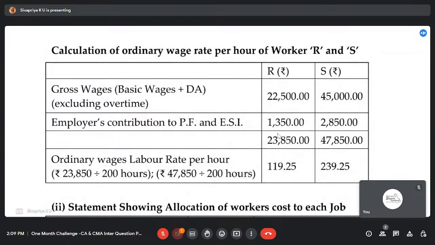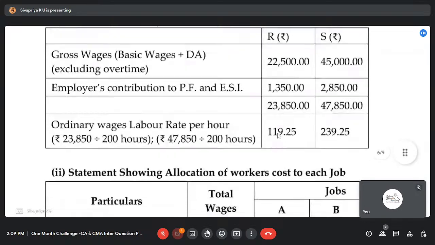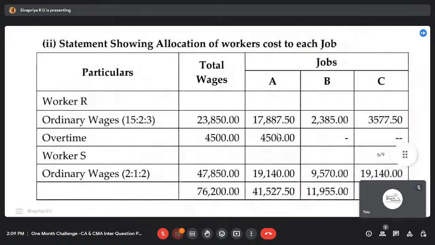Calculation of ordinary wage rate per hour of worker R and S. And the next is statement showing the allocation of the worker cost to each job. So for job A it is 41,527.5, and for B it is 11,955, and for C it is 22,717.5.